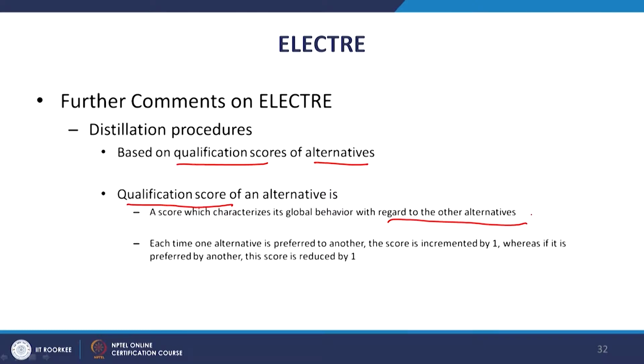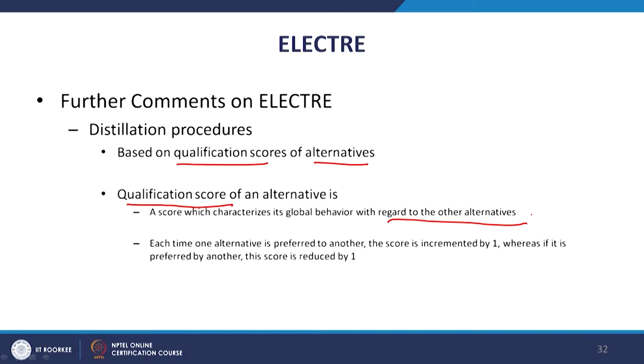When we are talking about the preference of a over b, that is a P b, that preference incorporates both of the outranking degrees, capital S(A, B) and capital S(B, A).